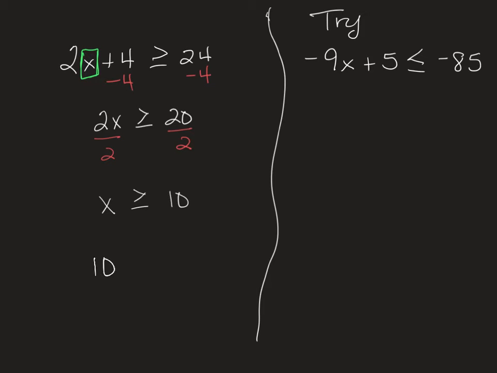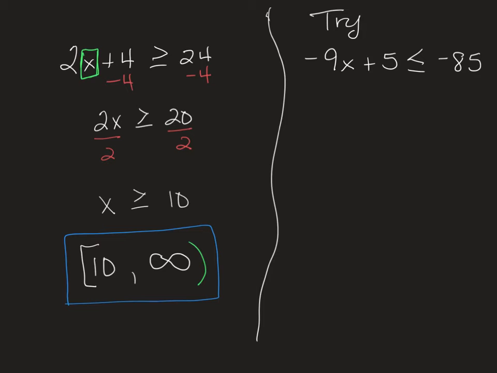So this is 10, comma, infinity. My infinity gets a parenthesis, we already know that. But my 10, because it says or equal to here, is going to get a bracket. And then that is my answer, written like that in interval notation. Try the next one.